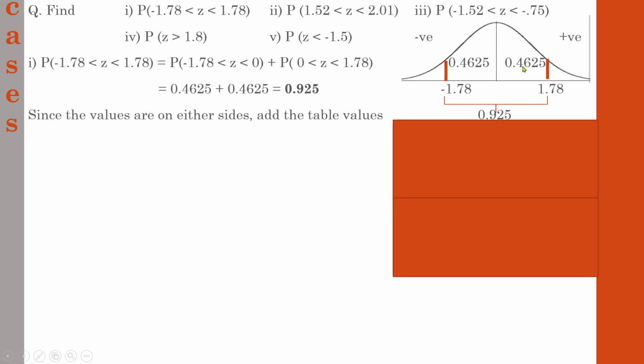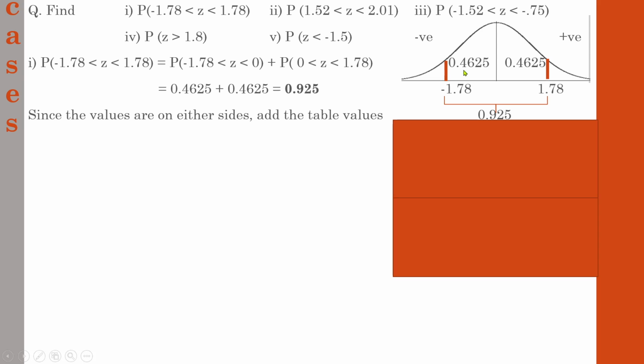And in the question you are asked to find the area between these values. So the area between these values means this area and this area. So what is the measurement of that area? If, for example, this area represents 5 centimeter and this area represents 5 centimeter, what is the total of these in between these points? The answer is 10 centimeter. The same concept is followed here.